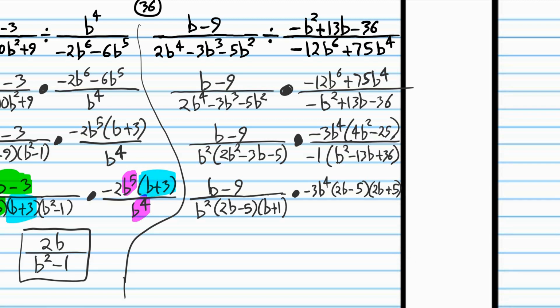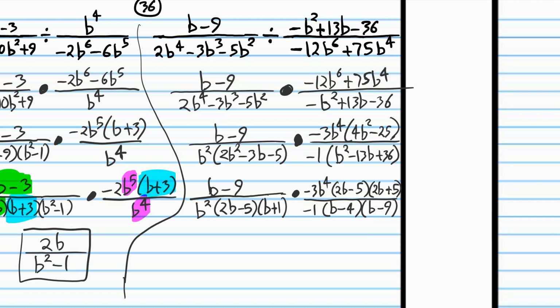And plus and minus. And what two numbers multiply to 36 and add up to negative 13? That would be negative 4 and negative 9. All right, so we're completely factored at this point.